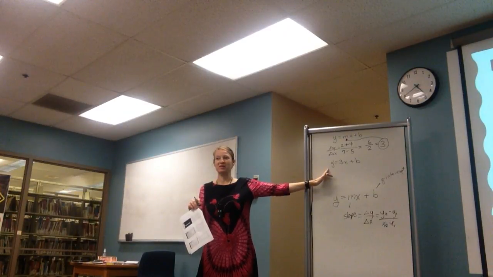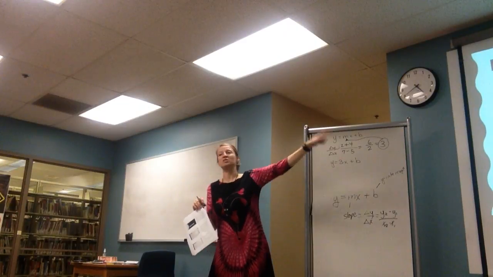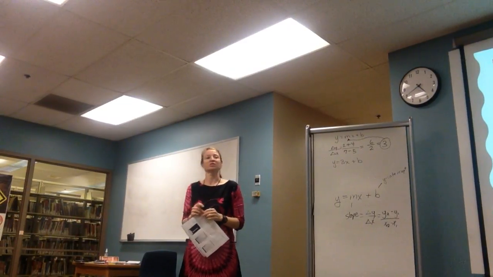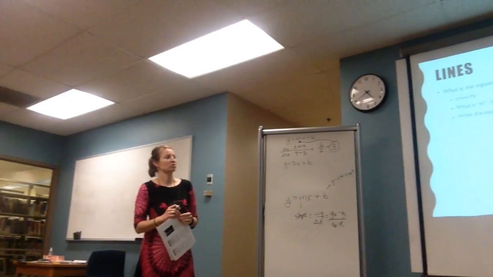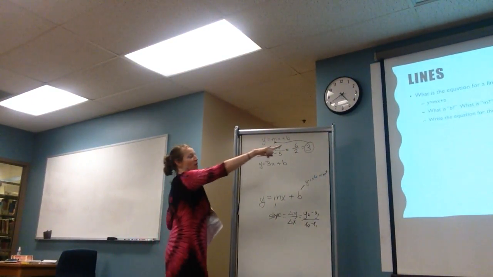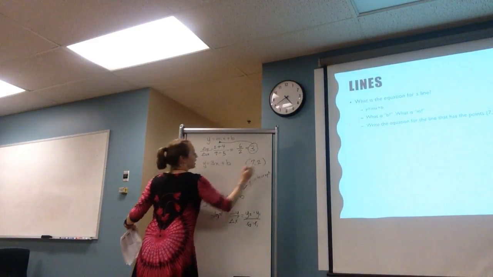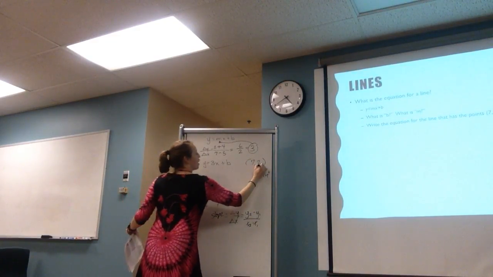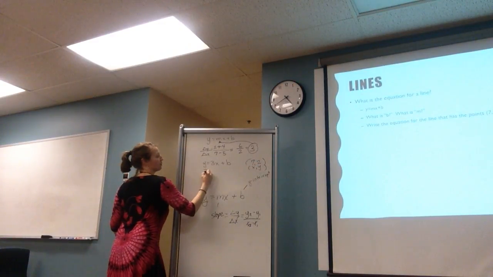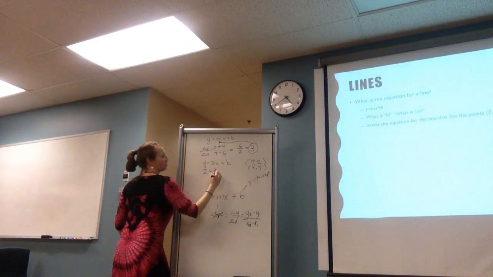How am I going to find b? I can use either of those points. Which one would you like to use? The 7, 2? Okay, I'm going to use this point, 7, 2, because I know it's on my line. This is my y. This is my x. So 2 goes here. 7 goes here.